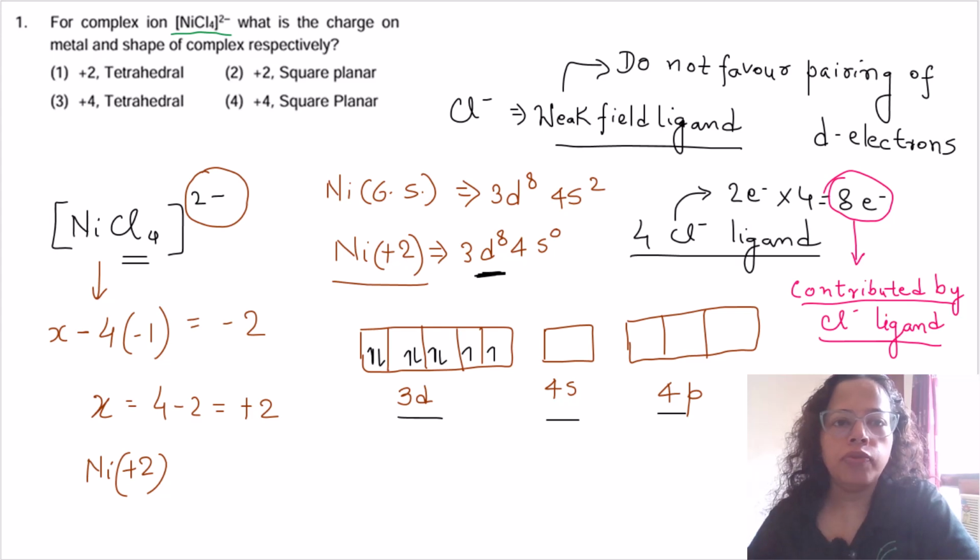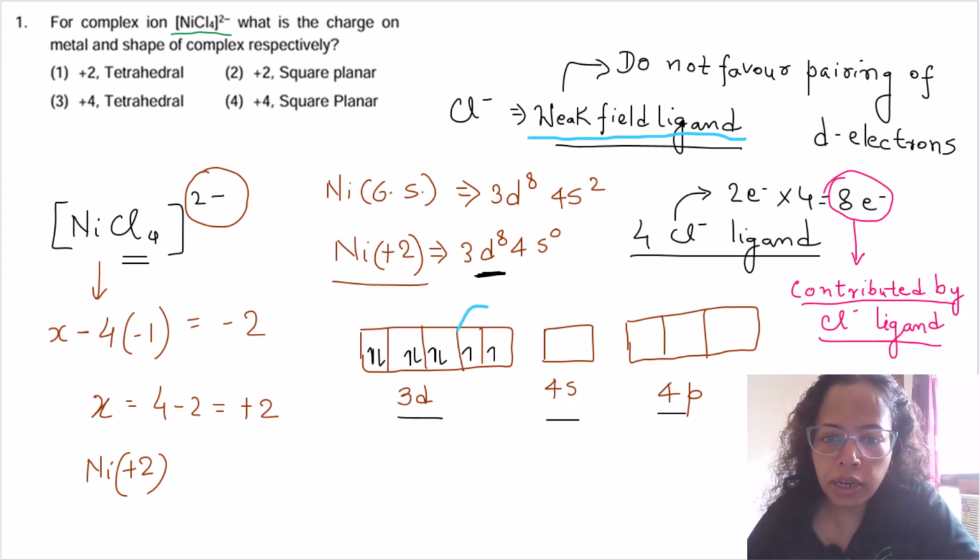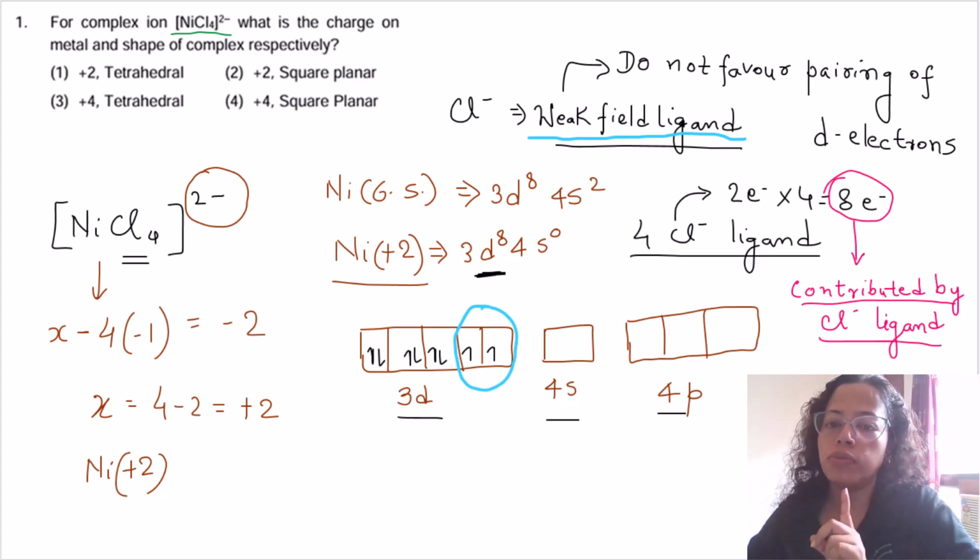So why the 4s and 4p orbitals? Because we have seen that chloro is a weak field ligand and it will not favor the pairing of the remaining 2 unpaired electrons of nickel in the 3d orbital.